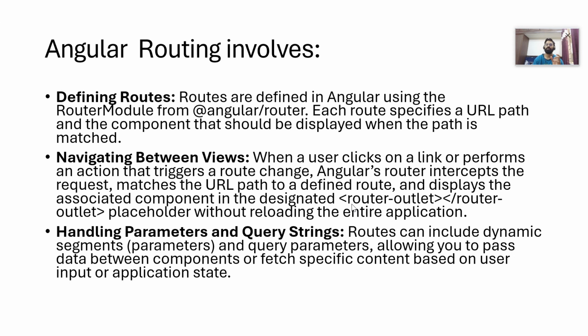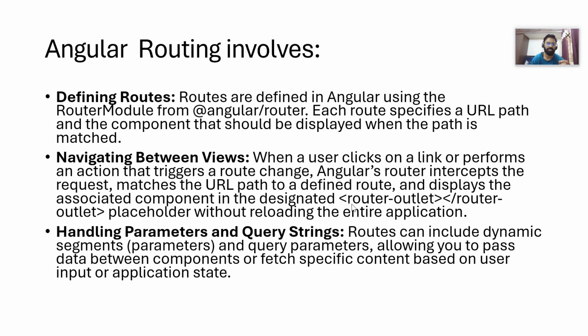Basically, in app.component.html we define the router outlet selector as a placeholder, and this tag will be replaced by the component, right? So all these things we are going to see in our application, how to implement it.